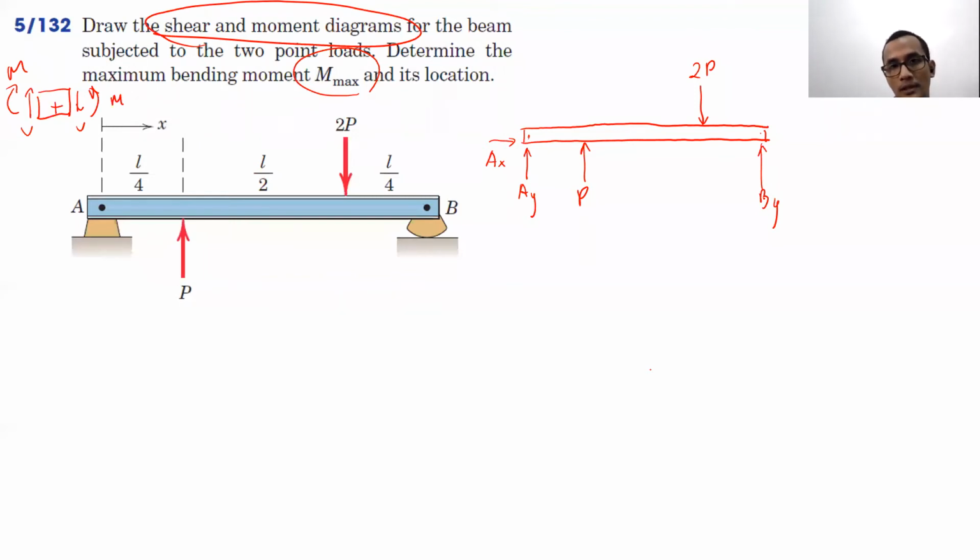So we have three forces that we have to find first: AY, AX, BY. How to find those three? As usual, we can solve for those three using the equilibrium equation, right? Using sigma moment at point A.